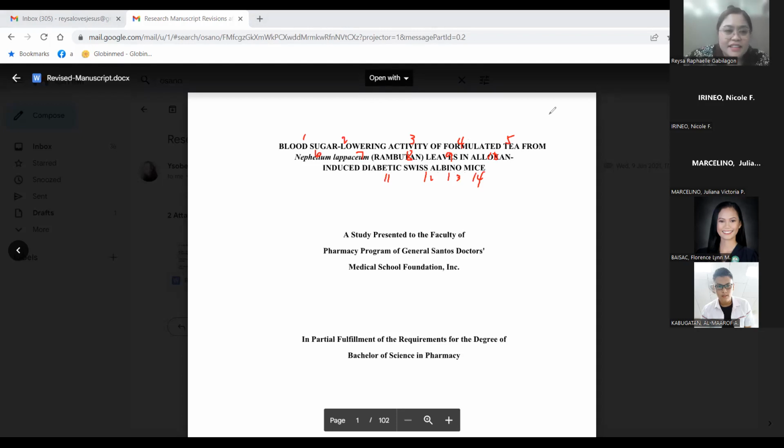Now, let me check if you can identify the independent and the dependent variables. Let's start with the dependent variable kasi mas madali siyang hanapin in the title. What do you think is the outcome here? Like when they conduct the experiment, what's the outcome? What's the dependent variable?